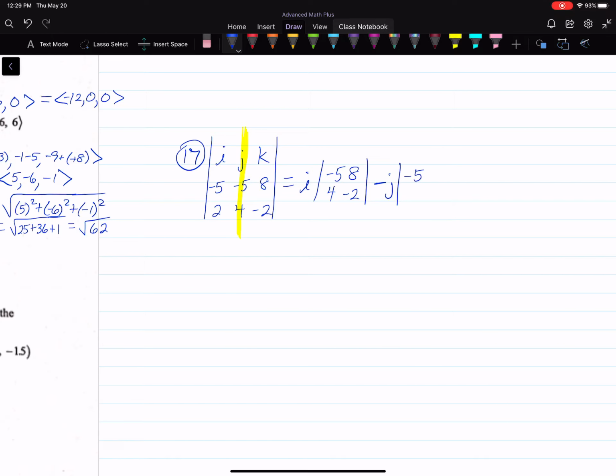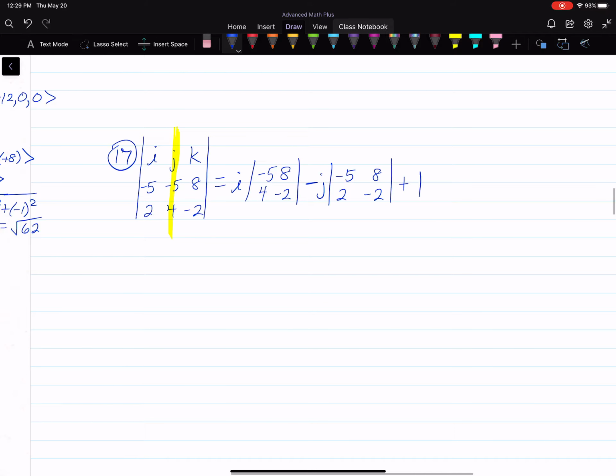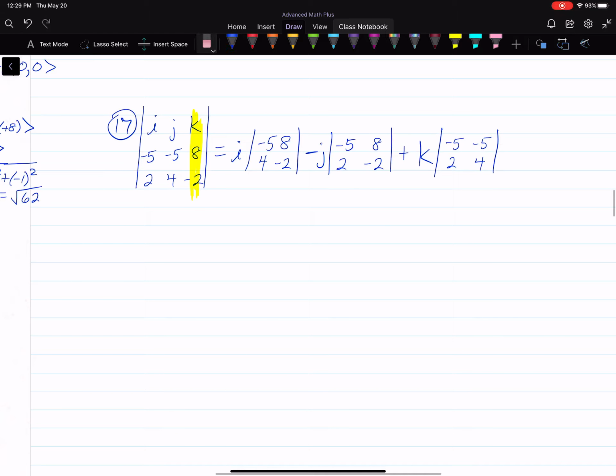So negative 5 and 8 are left, and 2 and negative 2 are left. Plus K, again, eliminate the row that K is on, or the column that K is in, excuse me, and write down what's left. So we have negative 5, and 2 and 4 left. And now we do math.